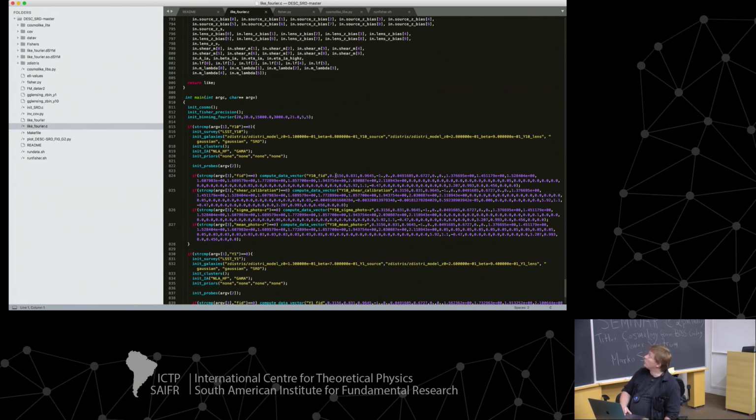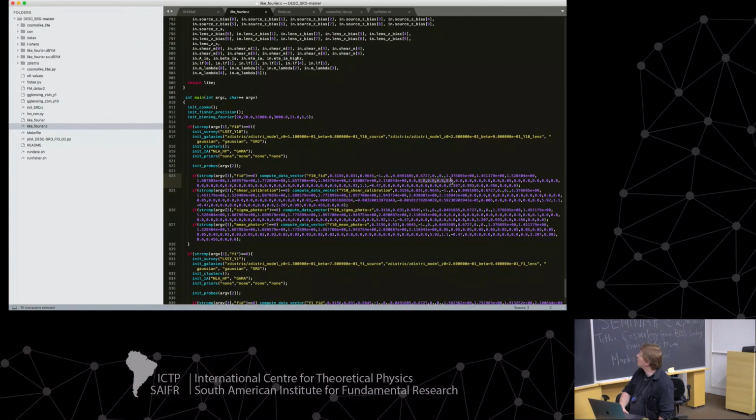And there is an enormous amount of numbers that go into this. I'm not going to explain them all, but maybe this one is omega matter. So this is the cosmology that is being assumed. This is the amplitude of intrinsic alignment that is being assumed in this data vector calculation. This is H0.